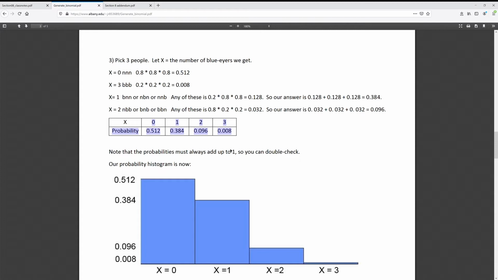Mean is 0 times the probability of 0 plus 1 times the probability of 1 plus 2 times the probability of 2 plus 3 times the probability of 3. Let me just type that in really fast. 0 times 0.512 plus 1 times 0.384 plus 2 times 0.096 plus 3 times 0.008. Keystroke, keystroke, keystroke, keystroke, 0.6.